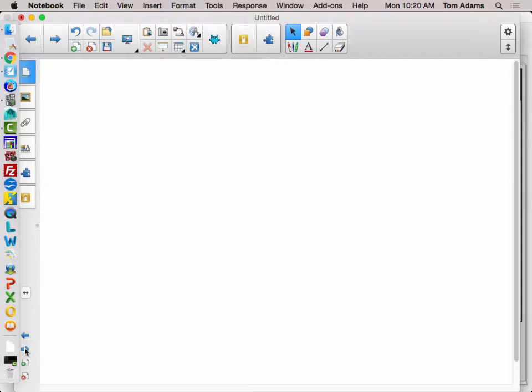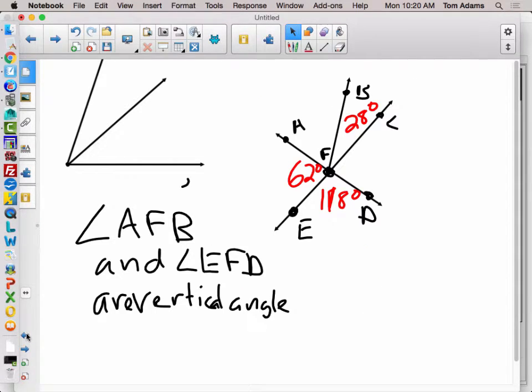So now when we go back here, we have to ask ourselves, AFB, that angle, and EFD, is that an intersection of two straight lines? Well, what they're saying is I've got this, right? And then I've got this. Is that an intersection of two straight lines?